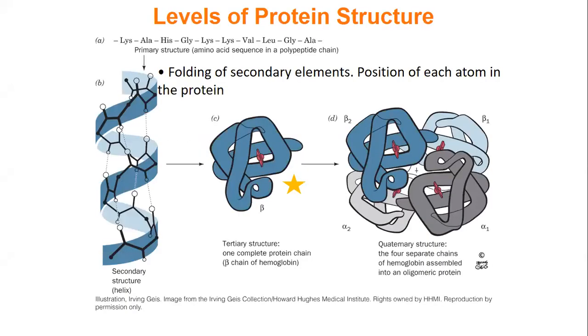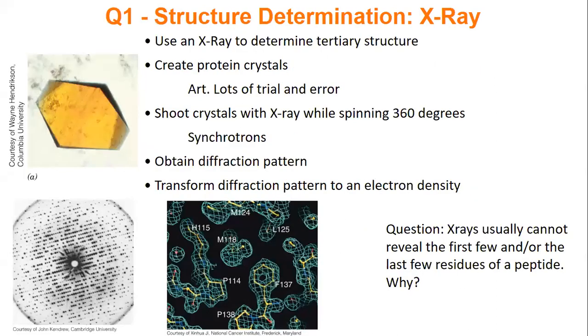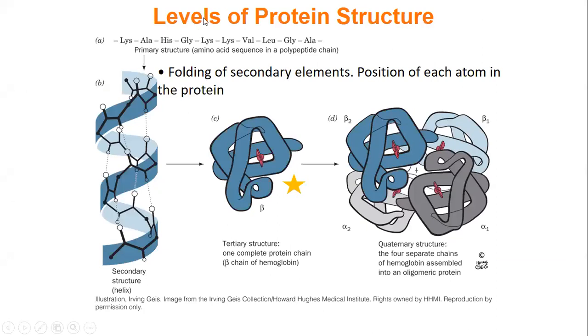All right, so on Monday, we were talking about protein secondary structure. We talked about beta sheets, and then we talked briefly about how to measure tertiary structure. Just as a reminder, primary structure is your sequence of amino acids.